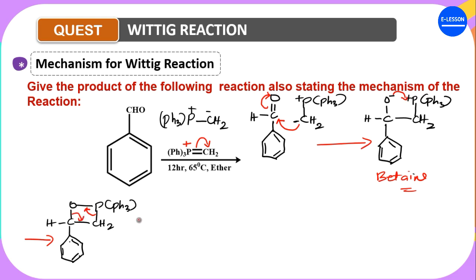So the product of this reaction will become something like this: you form an alkene, C double bond CH2, plus this phosphine oxide, O double bond P, which is triphenylphosphine oxide. So these will be the two products.